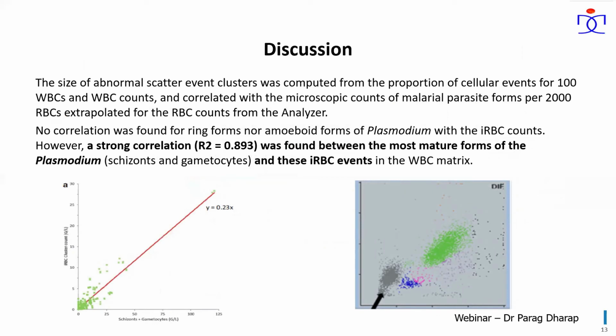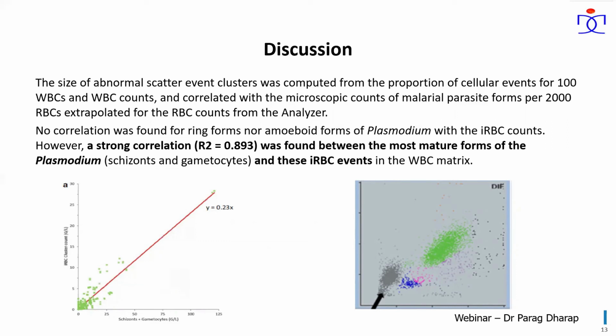The size of abnormal scatter event clusters was further computed from the proportion of cellular events for 1000 WBCs and the total WBC counts, and it was correlated with the microscopic counts of malarial parasite forms per 2000 RBCs, which was extrapolated for RBC counts from the analyzer.